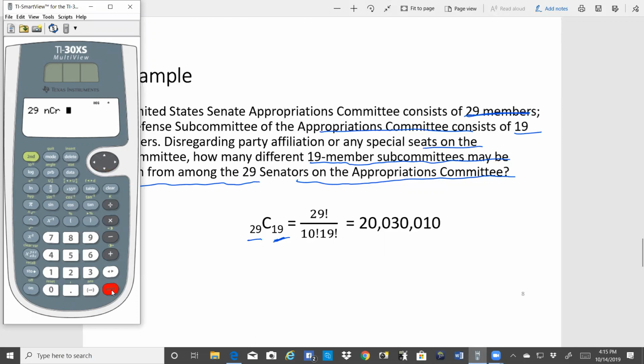So hit enter, and now we're going to put 19 in, and then hit enter, and notice we get 20,030,010 possible combinations.